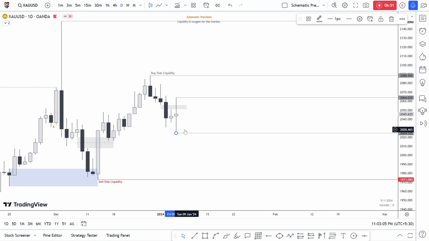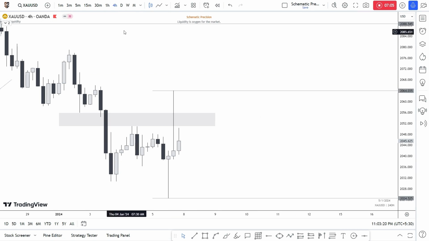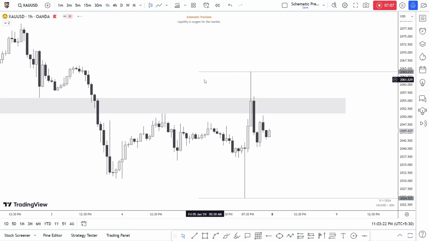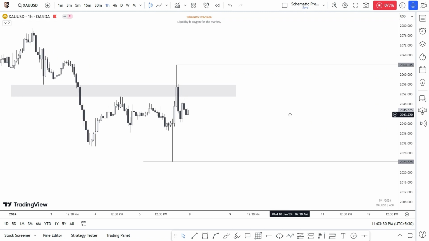So if we break below 2030, we can have another opportunity for buys under these lows as well. But for now, let's stick to the intraday only. On intraday, we are still bearish, we are not bullish. On the break of 2064, gold will turn bullish.